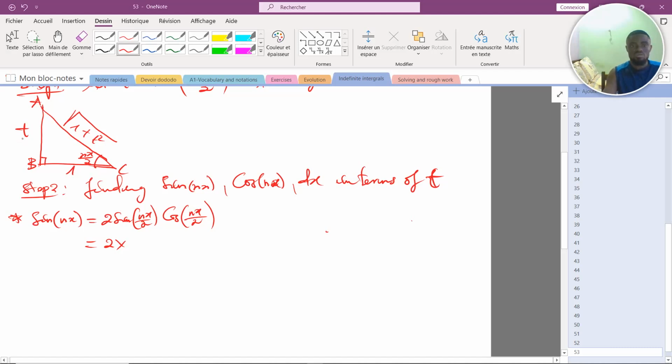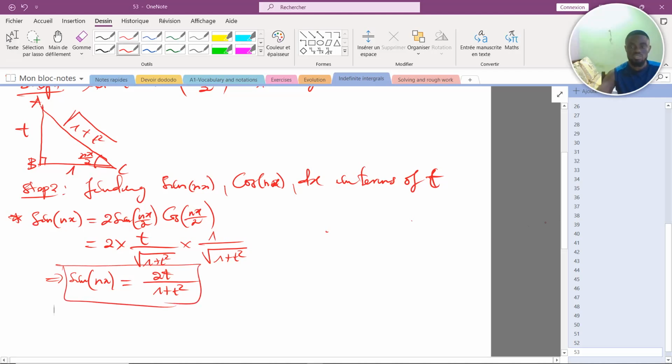The opposite to this angle is t. So this becomes t all over the hypotenuse, square root of 1 plus t squared, times cos nx on 2. From our triangle, cos nx on 2 is adjacent all over hypotenuse, so times 1 on the square root of 1 plus t squared. So this implies our sine nx will be equal to, root a times root a is a, 2t on 1 plus t squared. That's our sine nx in terms of t.